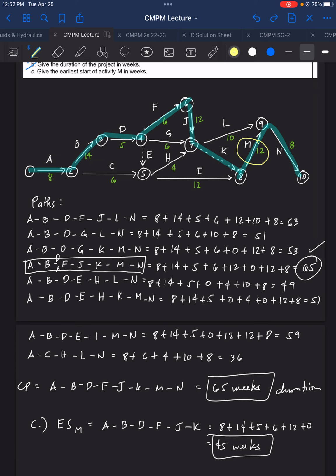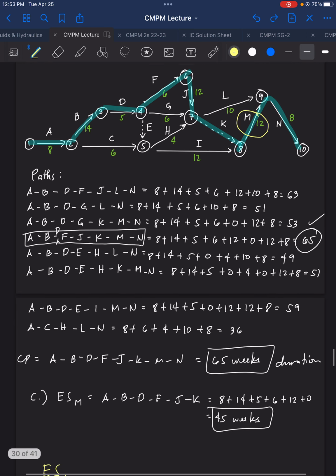So where does activity I end with respect to the critical path? So this is the critical path. So activity I has same node with the critical activity here at node 8. So what will we do here is you add A plus B plus D plus F plus J plus K and then minus 12. That is your early start for I.